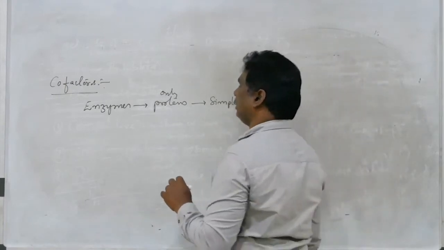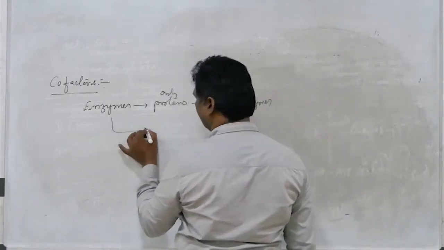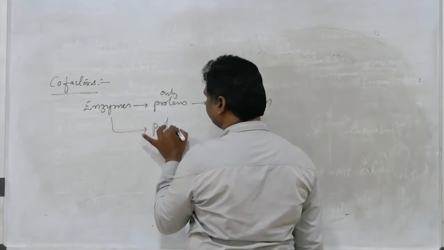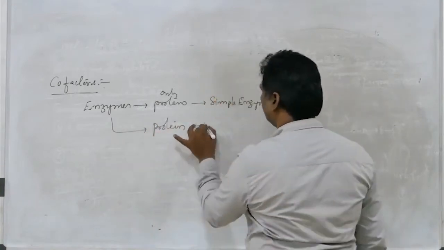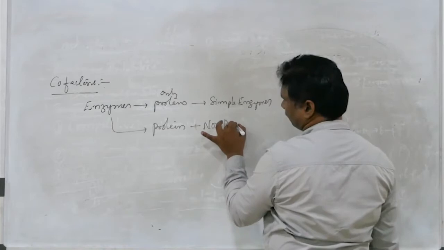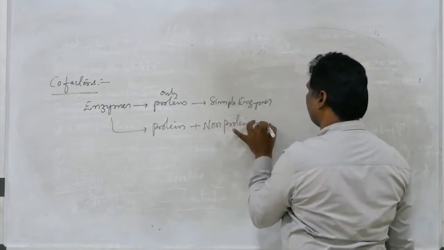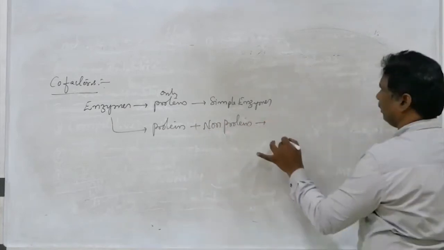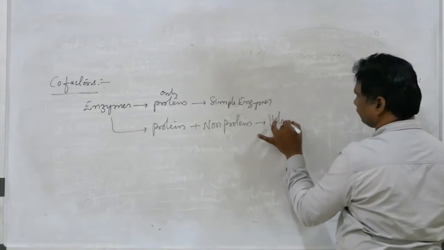Sometimes the enzyme has a proteinous part and also a non-proteinous part. Such enzymes are called holoenzymes.